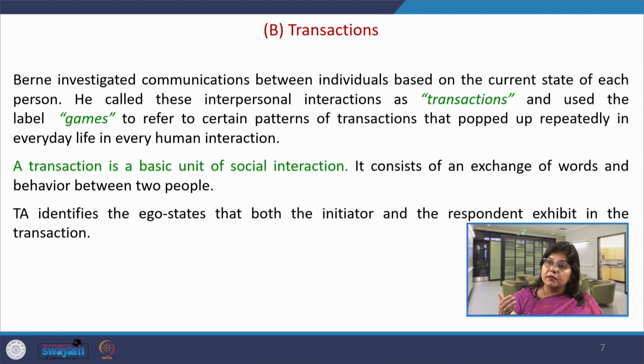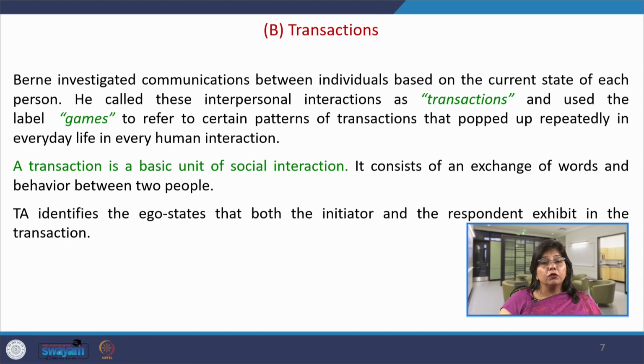So, every person will communicate in his or her current state, and how that current state will influence the communication with the other person, that is the game, because that current state will actually take the whole communication pattern in a different direction. Therefore, transaction is the basic unit of any social interaction, because the current state of two individuals is functional.